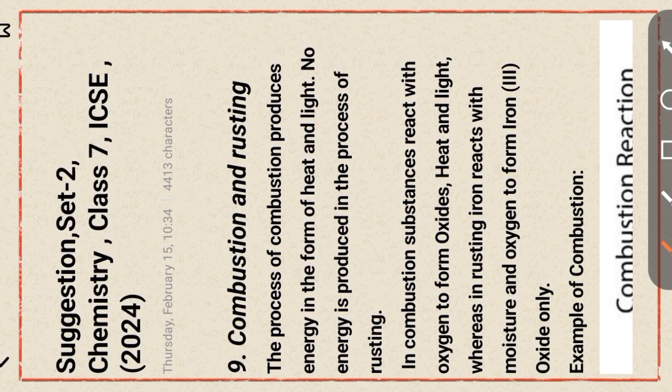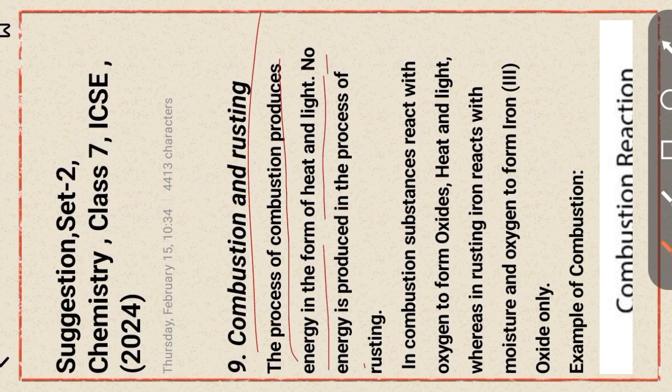Difference between combustion and rusting. The process of combustion produces energy in the form of heat and light. No energy is produced in the process of rusting.